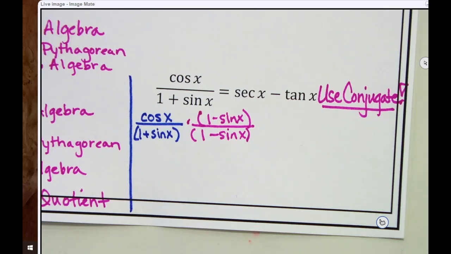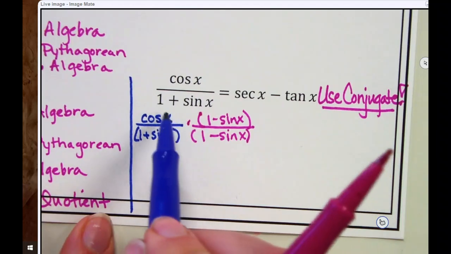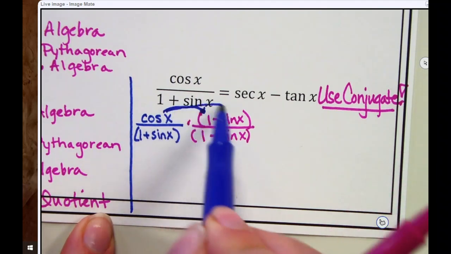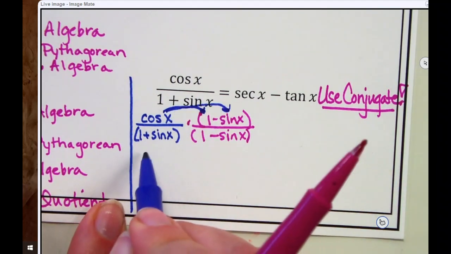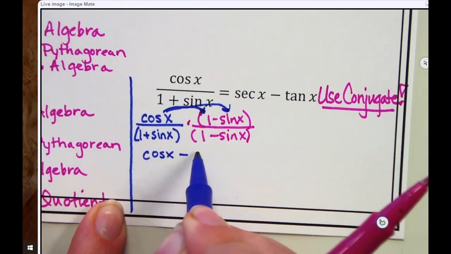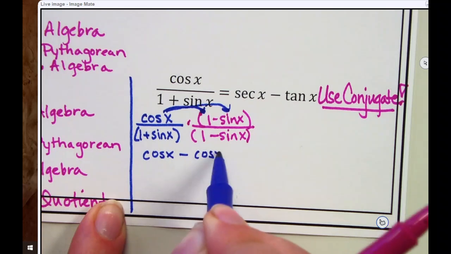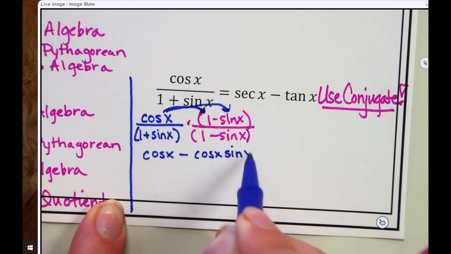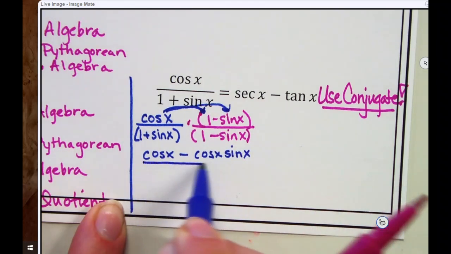Now, I'm going to multiply this all in one step because all I'm doing is algebra. So we might as well simplify this. I'm going to distribute this through. So I'm going to have cosine of x minus cosine of x sine of x all over.